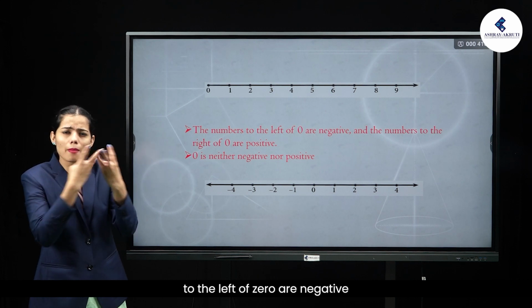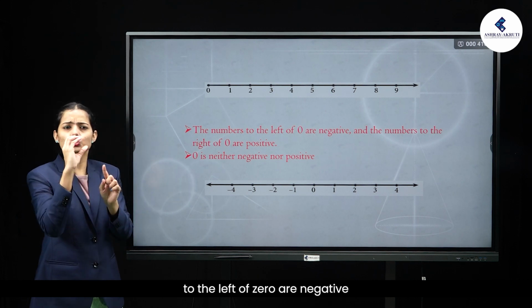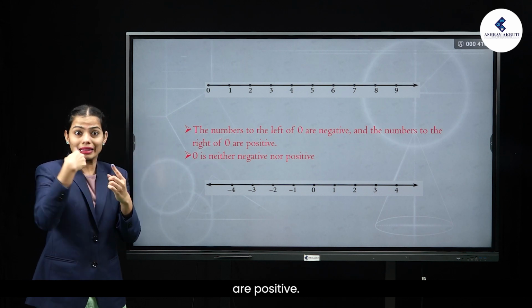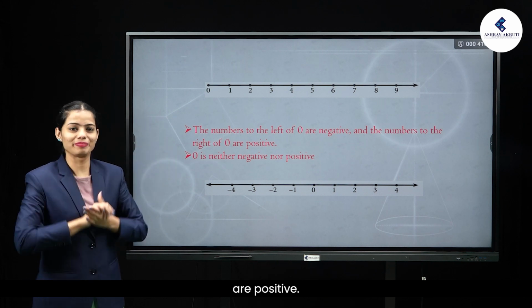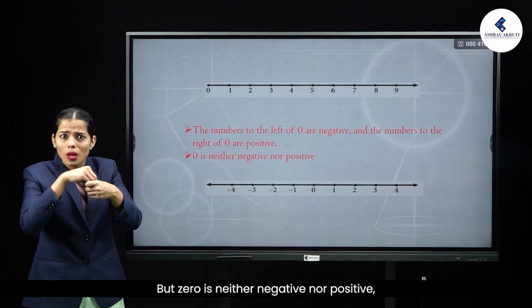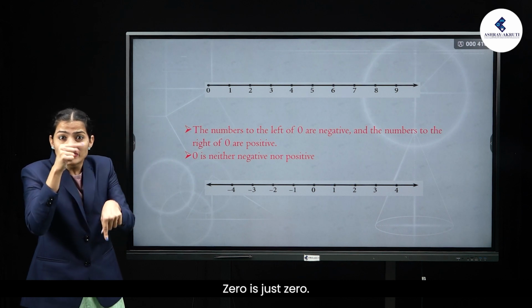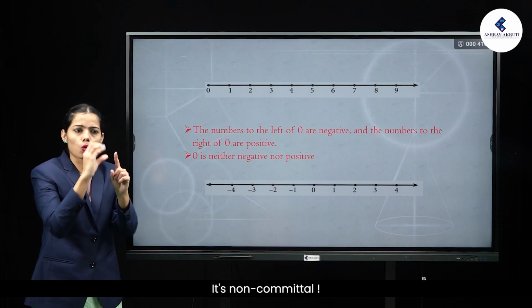So the numbers to the left of 0 are negative and the numbers to the right of 0 are positive. But 0 is neither negative nor positive. 0 is just 0. It's non-committal.